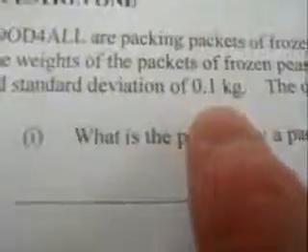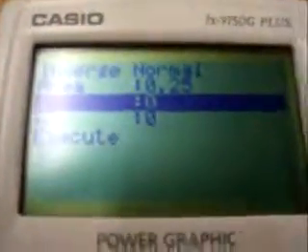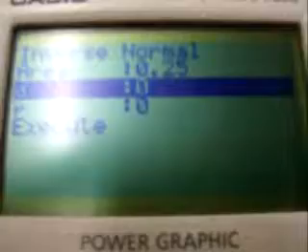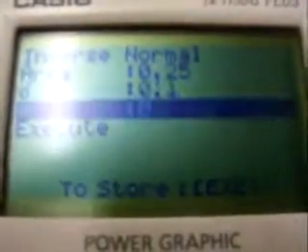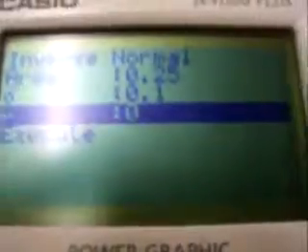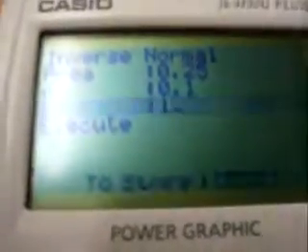Standard deviation has been given here, standard deviation of 0.1 kilograms at the very top of the question. Use that again, which we've been using throughout the parts of the question. 0.1, and the mean is also given at the top of the question there, mean weight of 1.1 kilograms, so we enter that in as well.